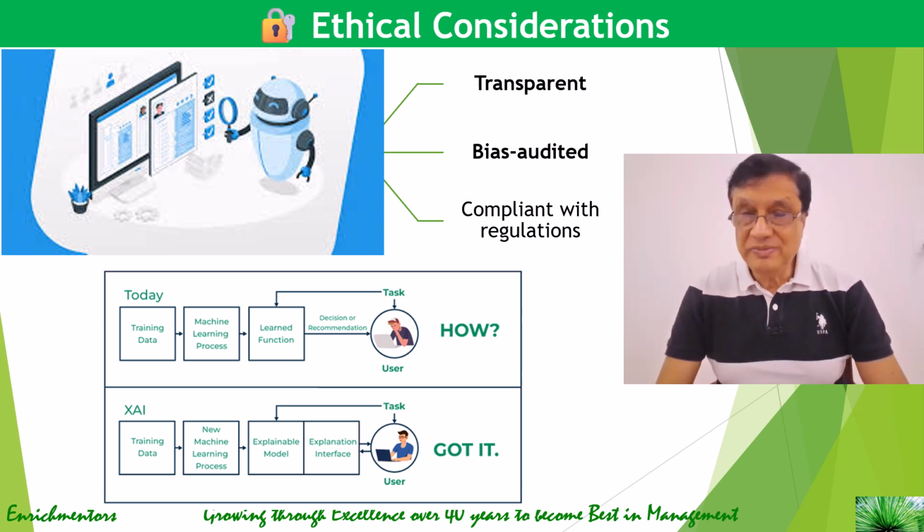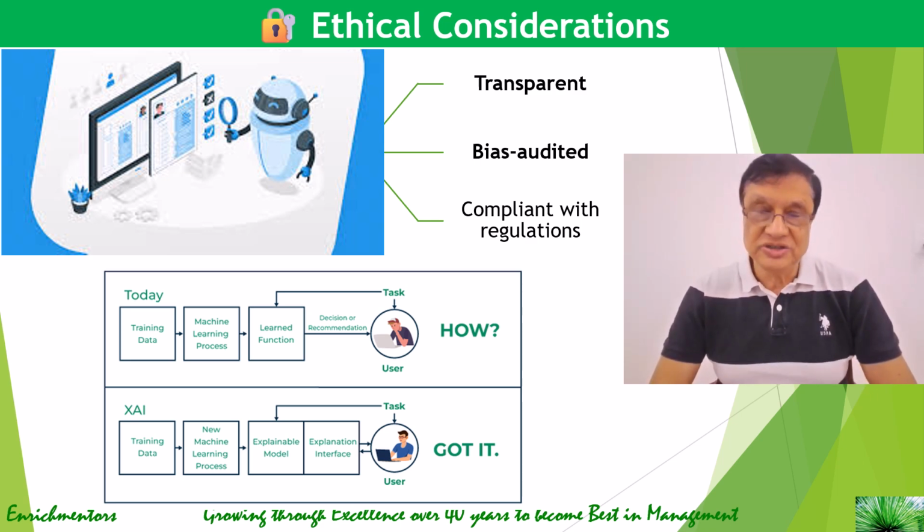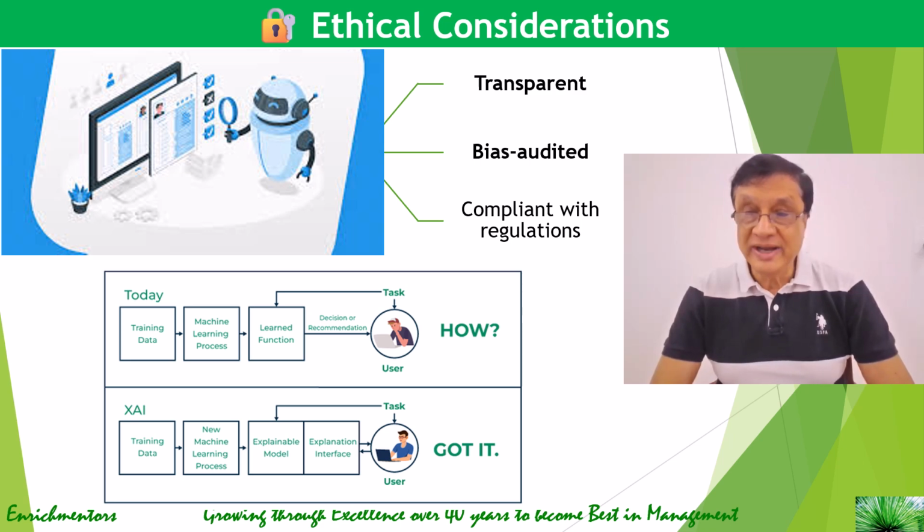These XAI models give the reasons for their recommendations. So if it recommends a candidate for shortlisting, it will also tell you why. It doesn't only tell you who, but also why. That helps you as HR justify the shortlisting. So as much as possible, use explainable AI.